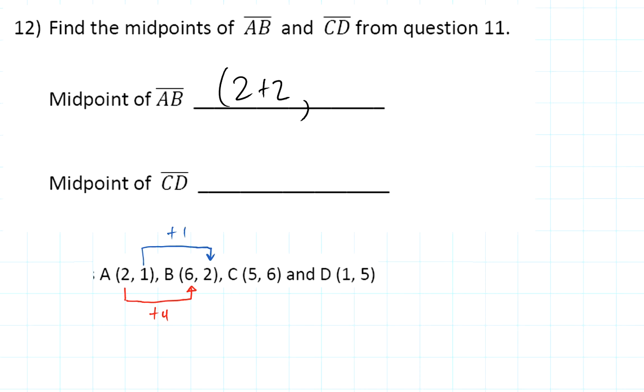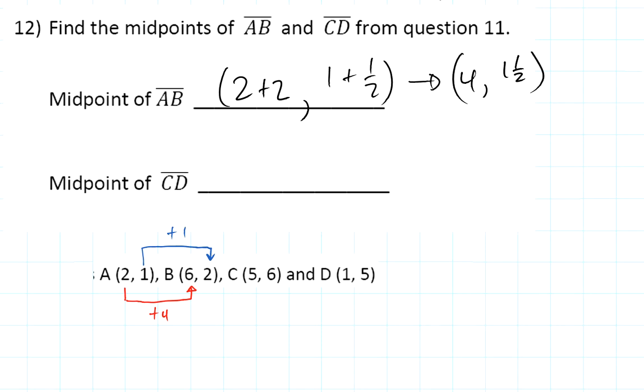And then if I look at the y value, I went from 1 and increased by 1. Instead of going all the way, I'm just going to increase by a half. So I'm looking here at 1 plus 1/2. So I believe the midpoint should be 4, comma, and I can write that as either 3/2 or 1 and 1/2, whichever way you want.